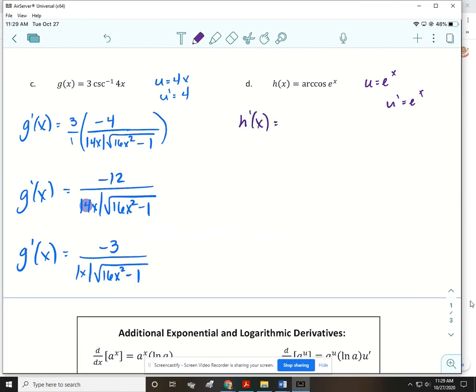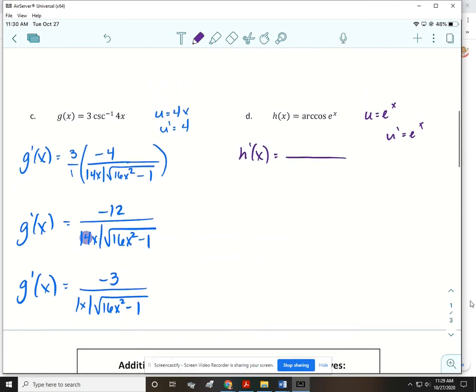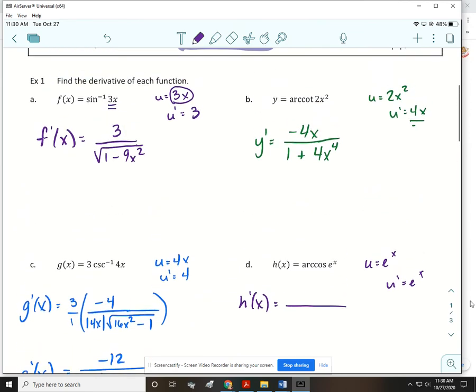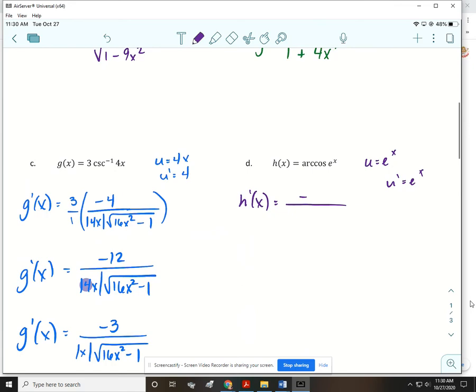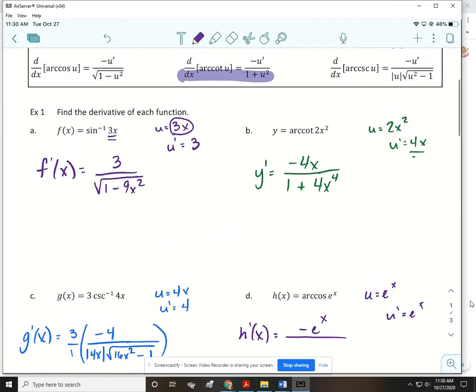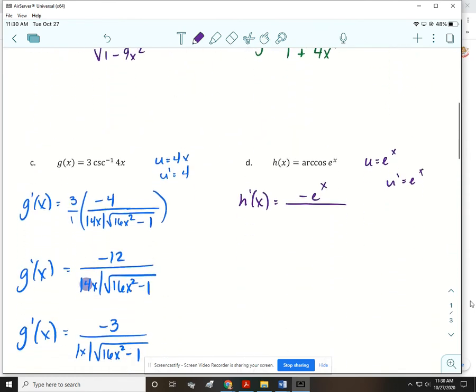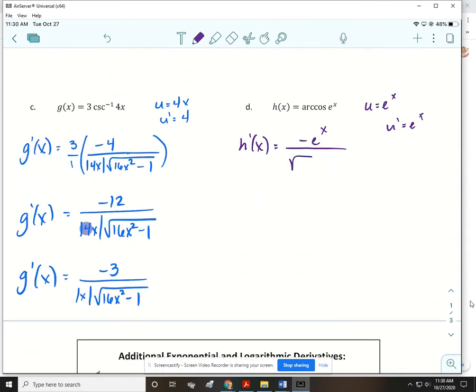All right, so if we are finding the derivative of the arc cosine of something, it's negative, and then the derivative of that something, which is e to the x, over the square root of 1 minus that something squared, so e to the x squared.